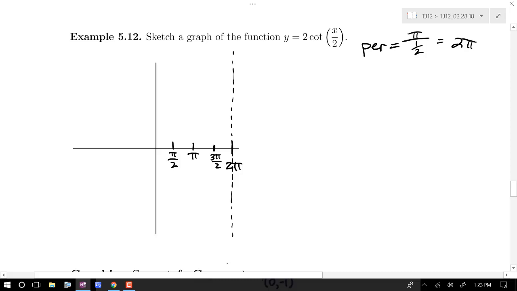This time we also have a coefficient out in front that's not 1. That coefficient is 2, so those are the values I'm going to use for what I think of as my primary anchors. Where does it cross the x-axis? Pi, yes. So at the halfway mark. And then at these quarter marks is where it passes through the 2 and the negative 2.